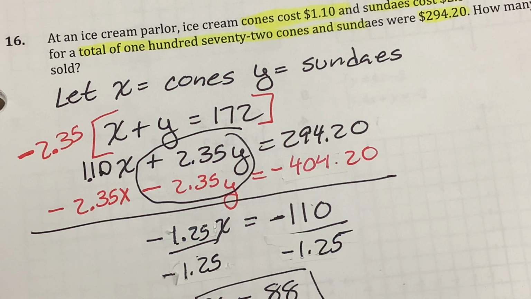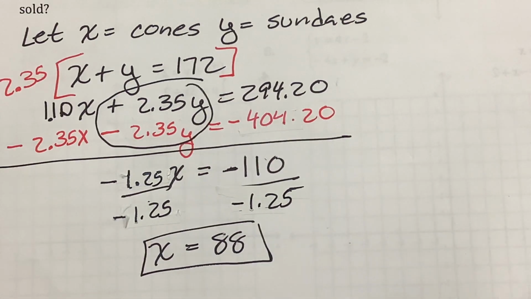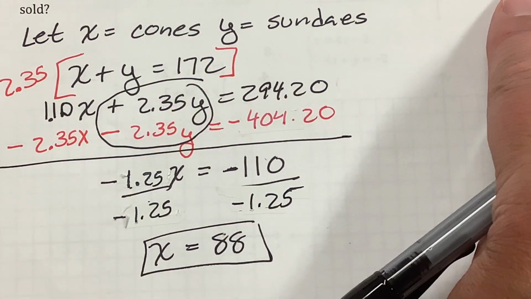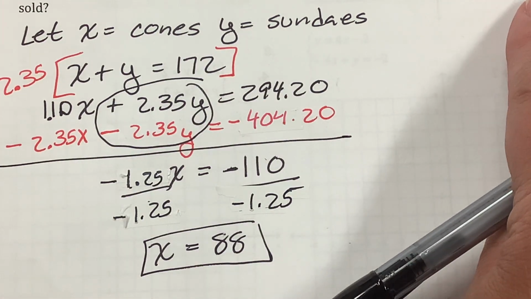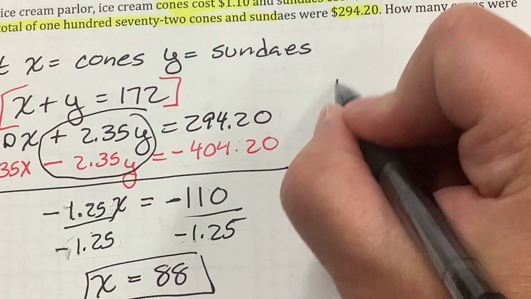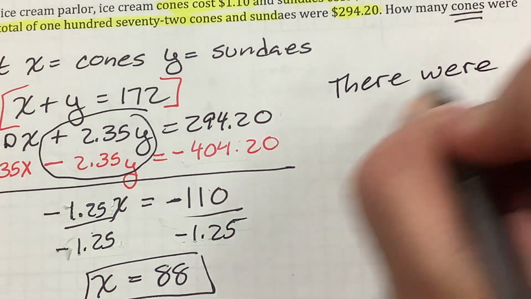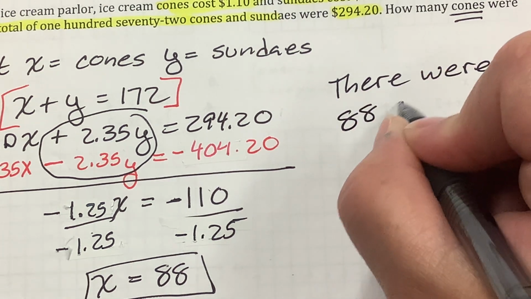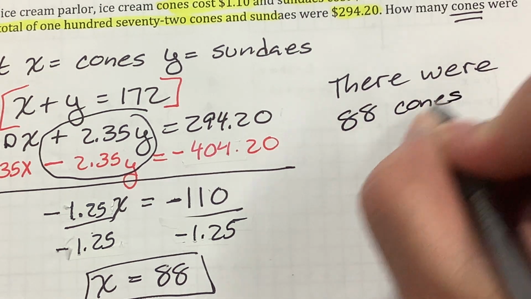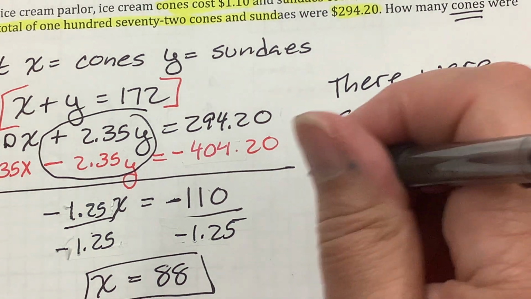Oof, got scared there for a minute. So positive 88 what? Cookies? No. Cones. It says how many cones were sold. It doesn't ask me how many sundaes were sold, so I'm not going to worry about that. So I'm just going to write there were 88 cones sold. And that's enough word problems for today.